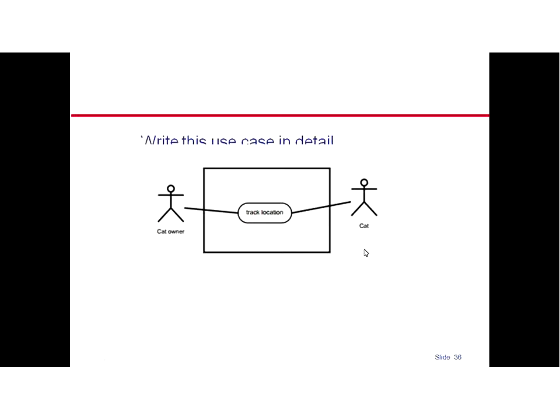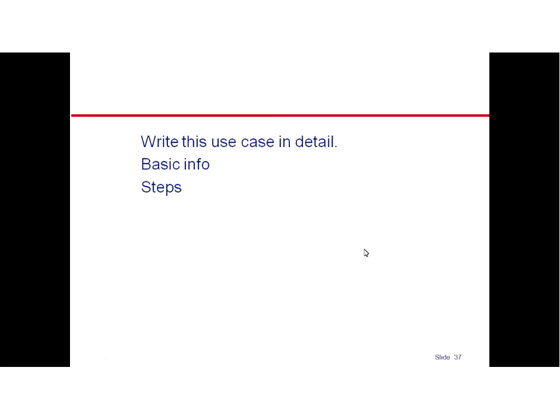Now, I want you to think about it and write this use case in detail. You have to write the basic information like name. I've already mentioned, track location. So you have to write the use case in this way.